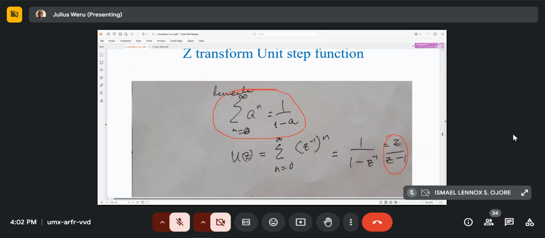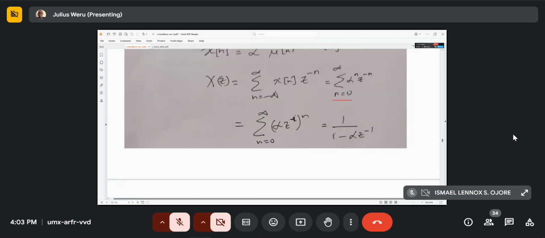Whenever you are given u of n, you can always consider your limits of summation from 0 to infinity, and therefore you can reduce the sequence into this closed form. So there we are. I hope so far everybody is okay with this.